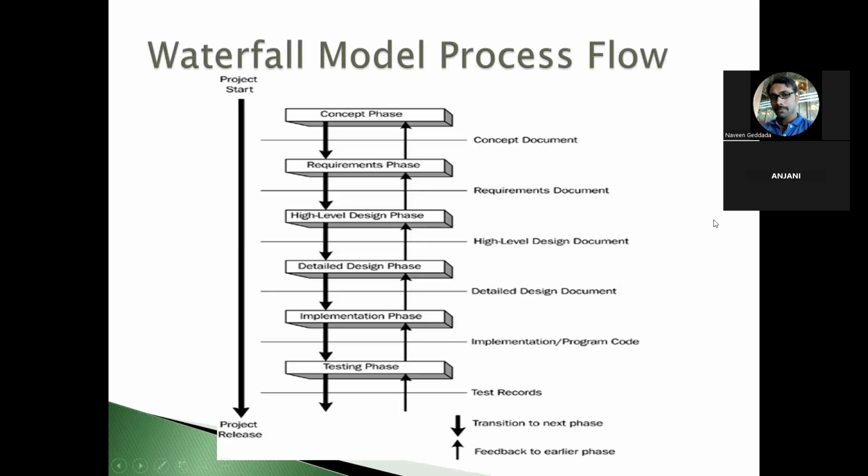Without this requirements document, we are not allowed to move to the next phases, the high level design and then the detailed design, because those documents are prepared based on the requirements document that we have prepared.